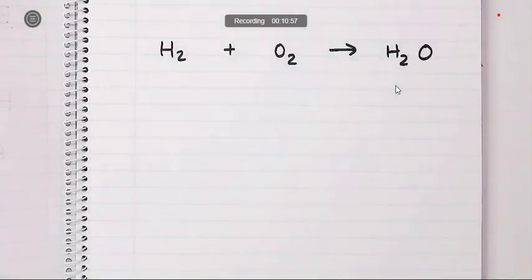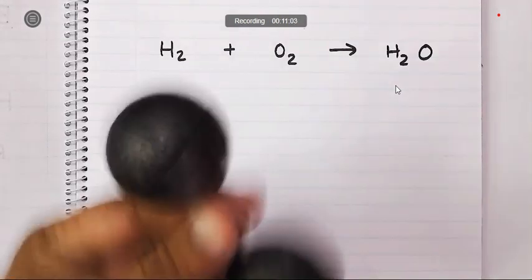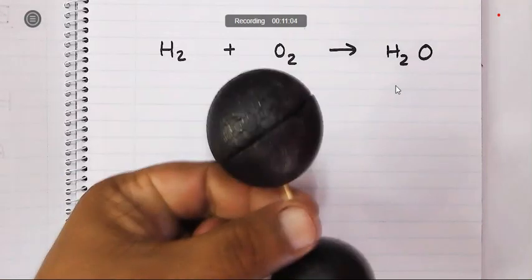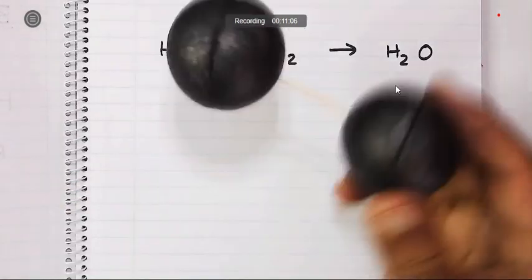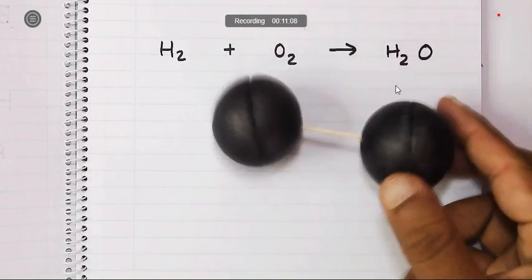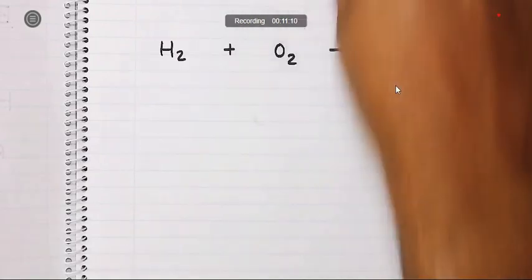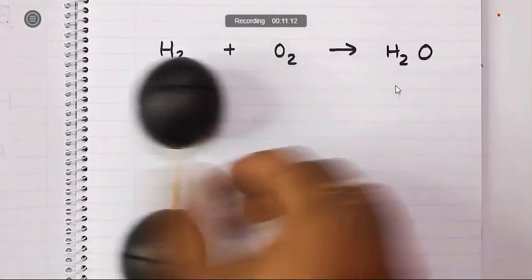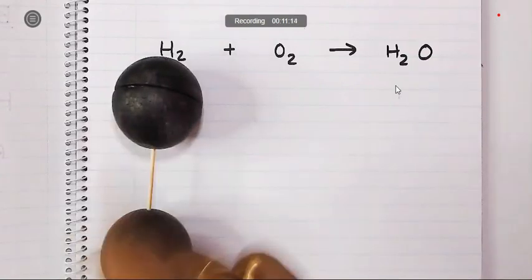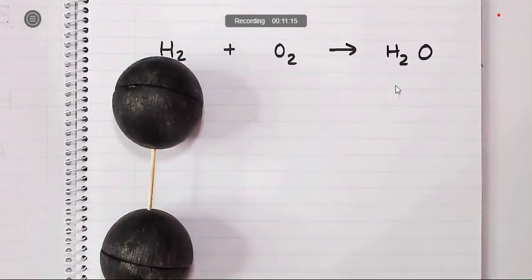I have a hydrogen molecule, like you see. This is the shape of a hydrogen molecule; I made a model that looks like a dumbbell. Can you see that? This is the hydrogen, one hydrogen here and the other one here.